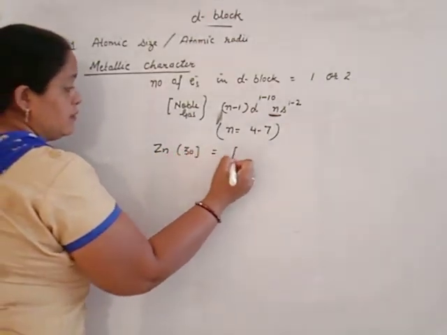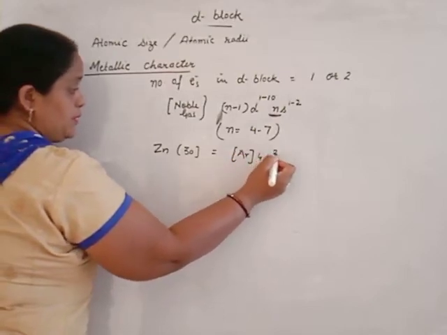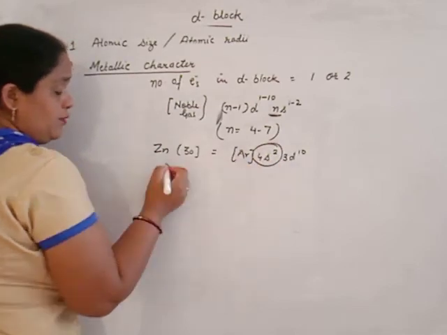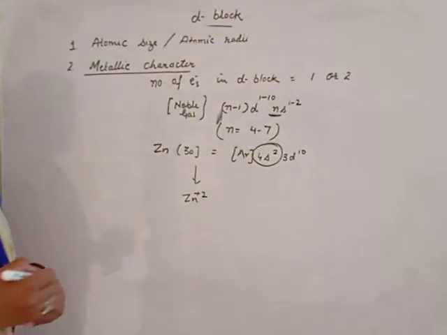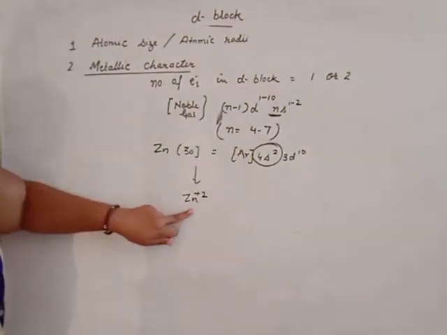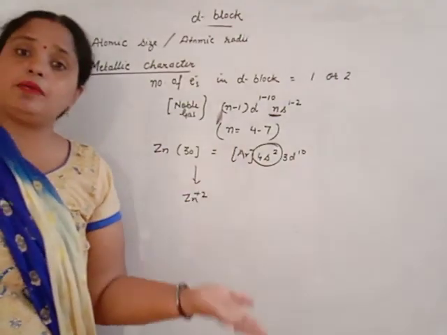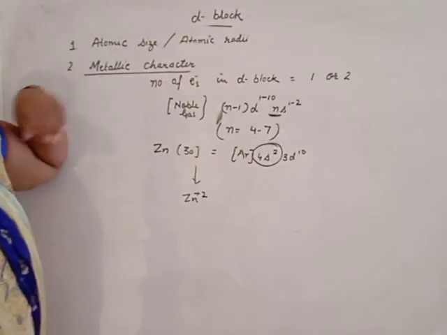Electron configuration 4s2 3d10. Outermost electrons are 2 and it has a tendency to lose these 2 electrons to form the zinc ion. And any element which has a tendency to lose its valence electrons is metallic in nature.